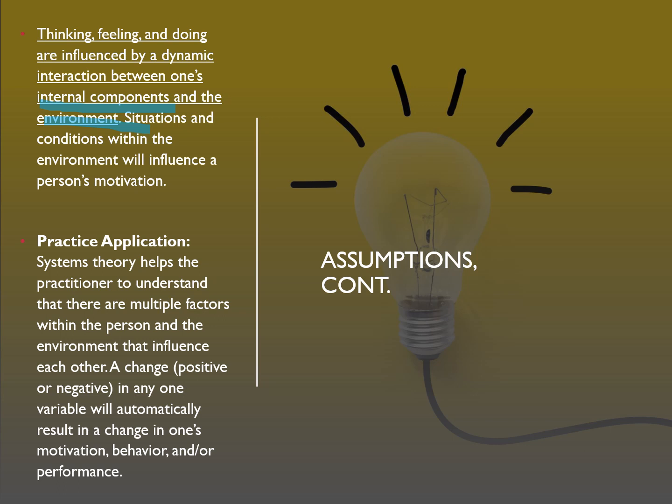So a change, and I said this a minute ago, positive or negative, in any one variable will automatically result in a change in one's motivation, behavior, and/or performance. Okay, so if something is going on externally or in the environment, such as maybe you had a flat tire on the way to school and couldn't get there, that causes a change in the way that you're going to learn.